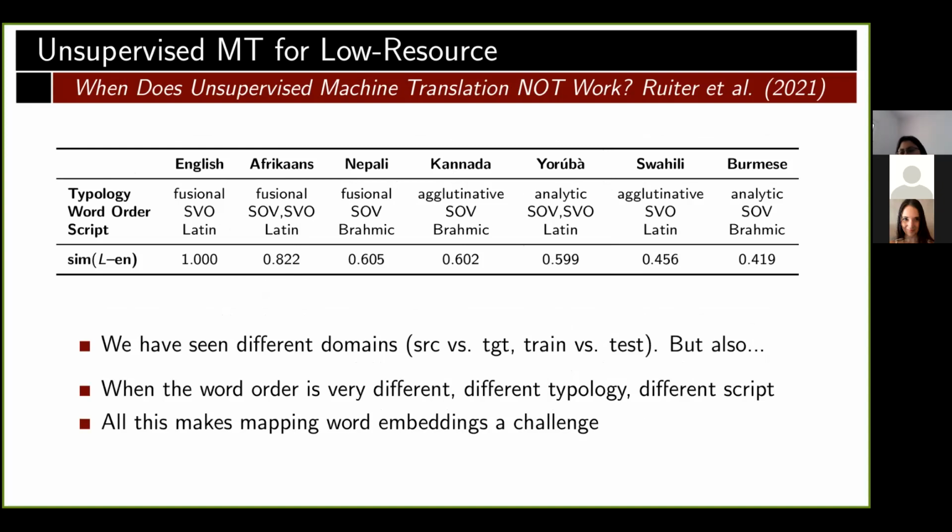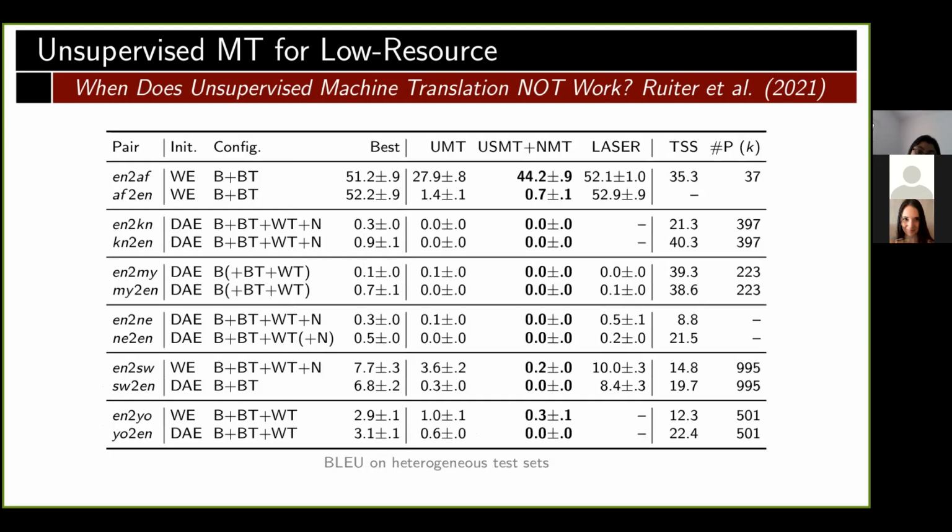If we go to the other side of the table, for Burmese, the word order is different, the script is different, the distance between languages is therefore larger, and the training data was smaller. All these things affect performance in the end, and this was very important for unsupervised machine translation. It is not able to learn anything in the low-resource setting for these cases. We'll see many more examples of this today.